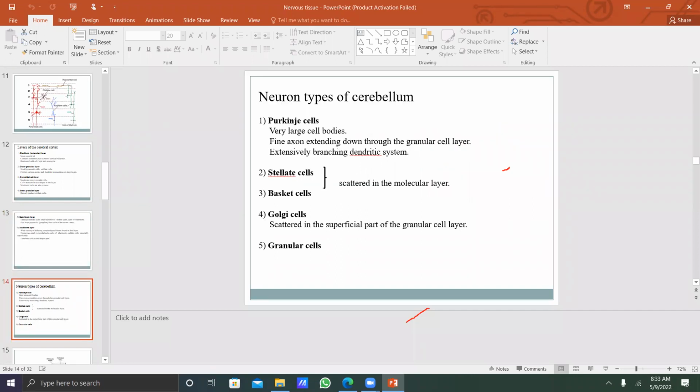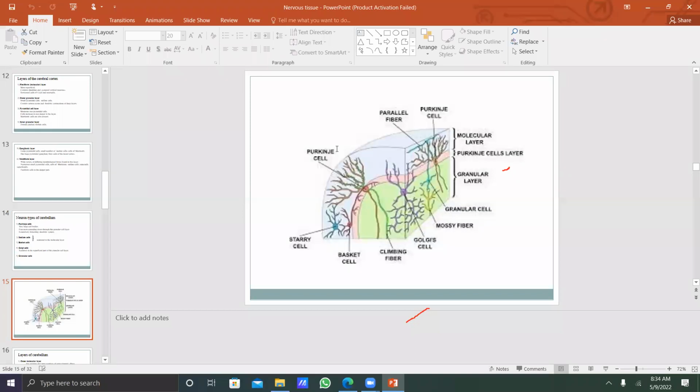Similar to the cerebral cortex, there are several neuron types in the cerebellum also. We can see 5 cell types in the cerebellar cortex.